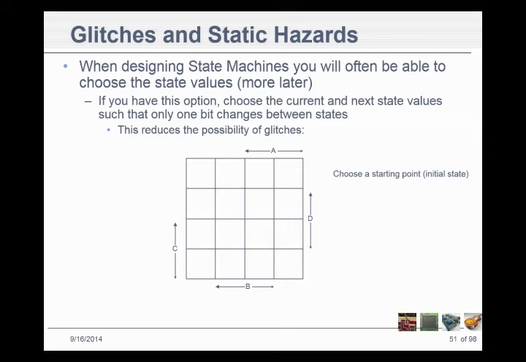Okay, let's go back to this. So we're going to try to do our best in designing a circuit that will be glitch free. And I know at this time we haven't even worked with any kind of state machines yet, but we will. And the best way to stop a glitch when you're designing a circuit is choose your states. And when you choose the next state, we can choose any one we want for a starting point, so I'll choose that one.